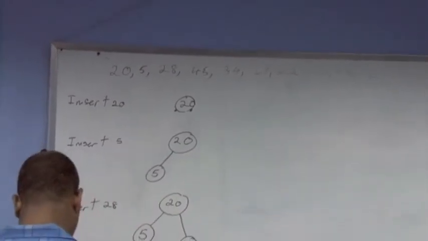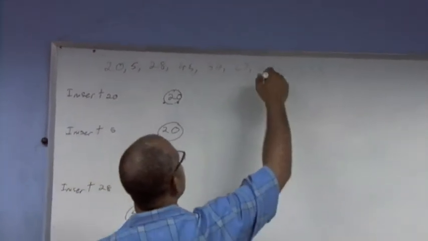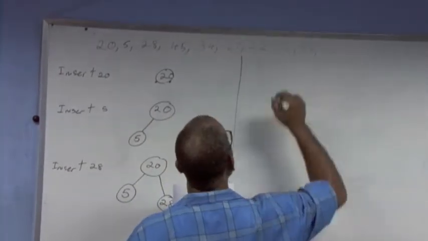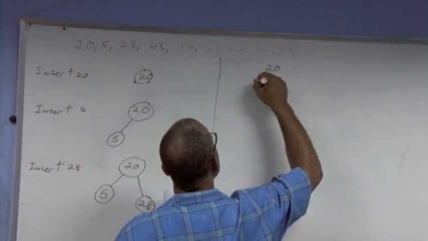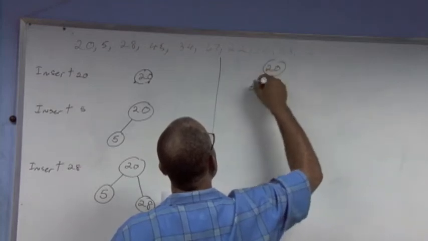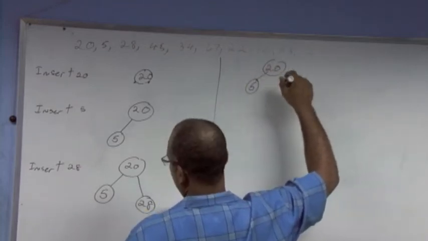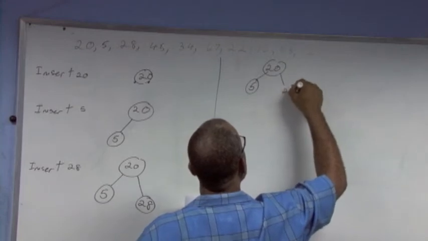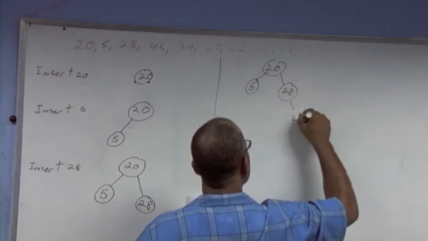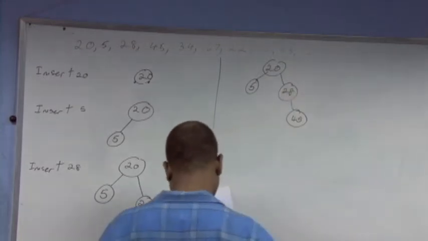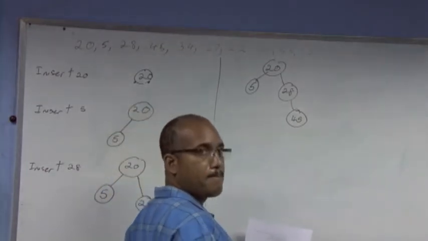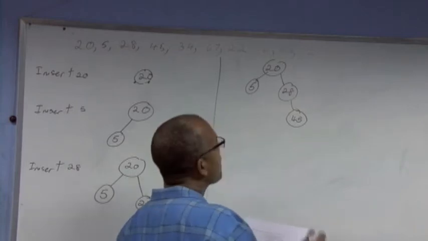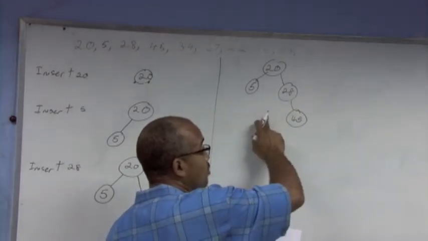Then we want to insert 45. To the right of 28, right. Then you want to insert 34. Okay, so left of 28, it's smaller than 45.